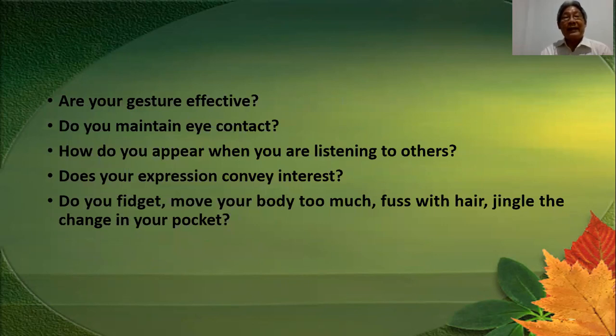Do you maintain eye contact? How do you appear when you are listening to others? Does your expression convey interest? Do you fidget, move your body too much, push your hair, jingle the change in your pocket? That depends on your attitude in listening. That depends on you.